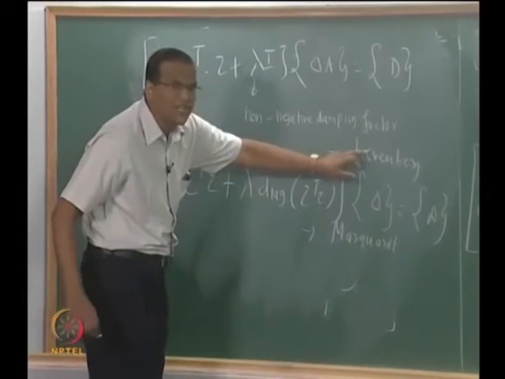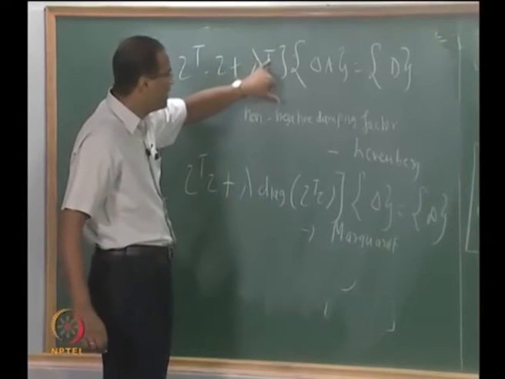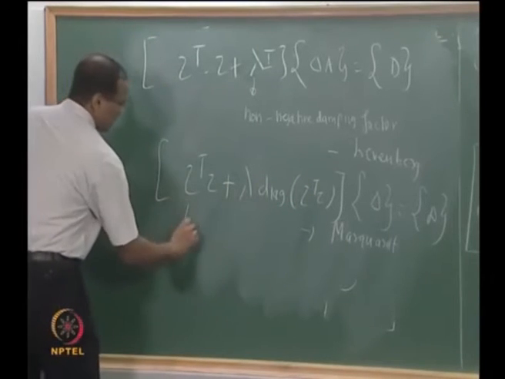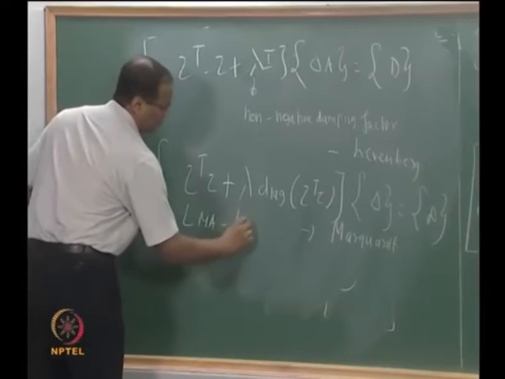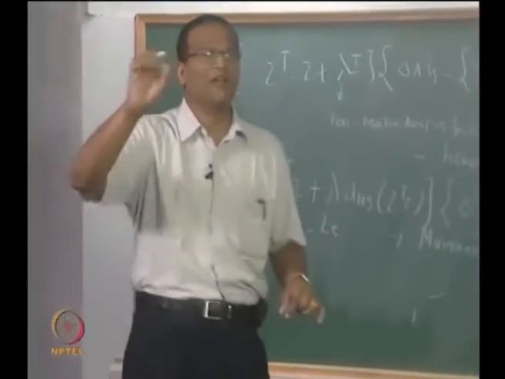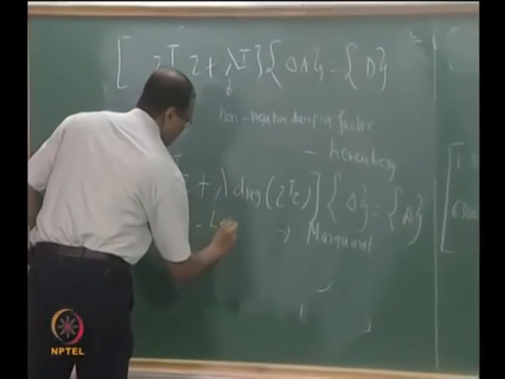Since he borrowed the original idea from Levenberg that there should be a correction to the Gauss-Newton algorithm, but instead of the identity matrix he used the diagonal of Z transpose T Z. This is called the LMA, the Levenberg-Marquardt algorithm, which is one of the most powerful and most widely used in regression. It is a very powerful optimization tool.